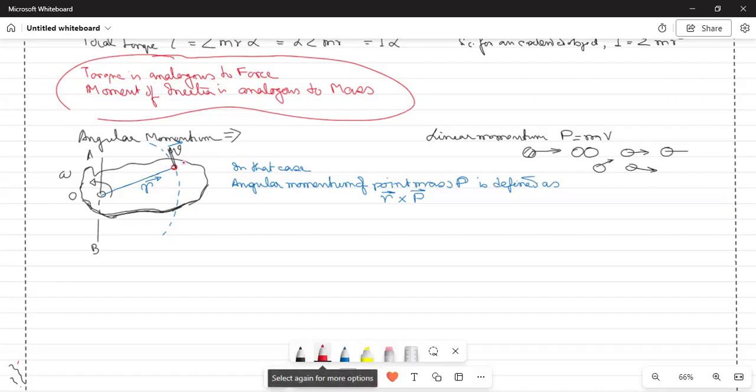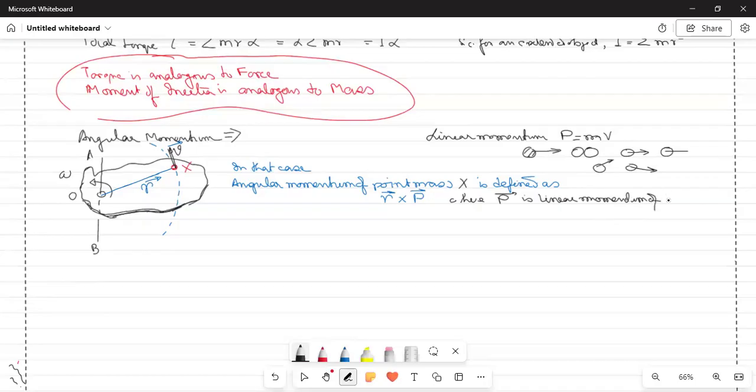We call this point, say, X. Here also, instead of point P, we call it point mass X, where the p vector is the linear momentum of the point X. And what is the linear momentum?